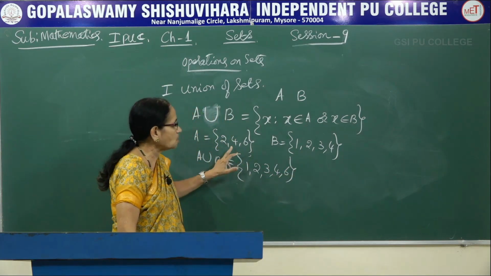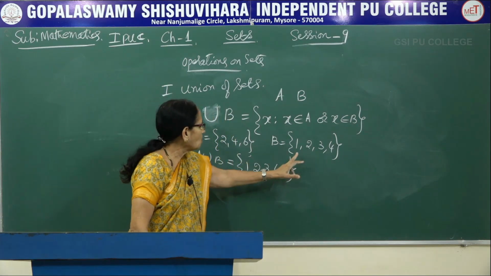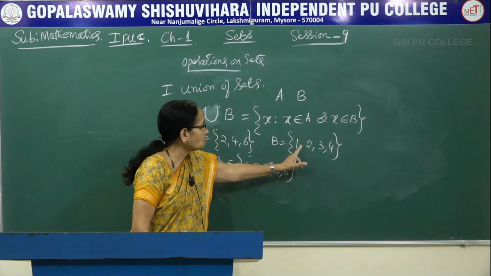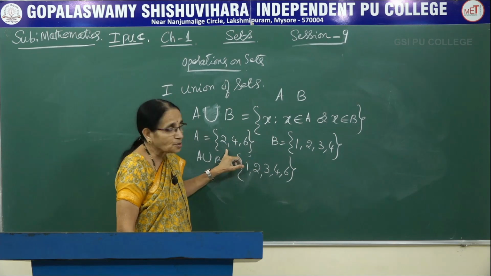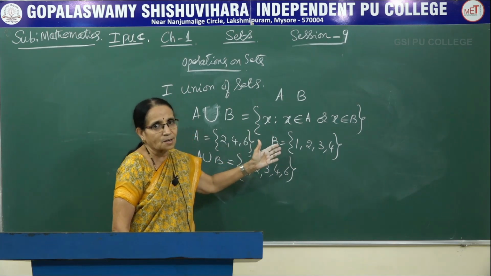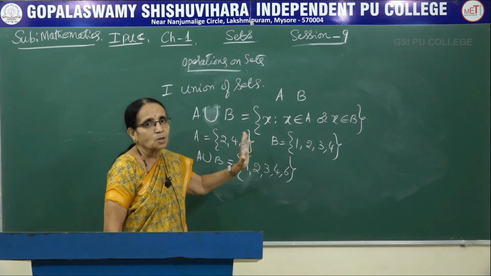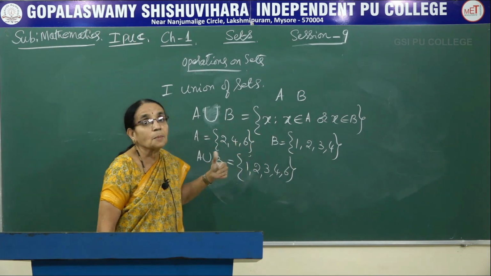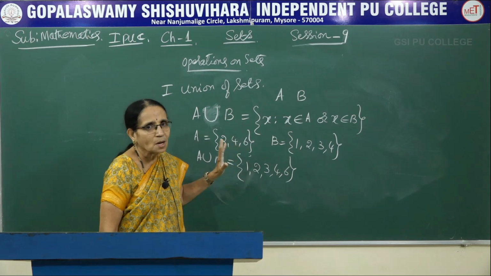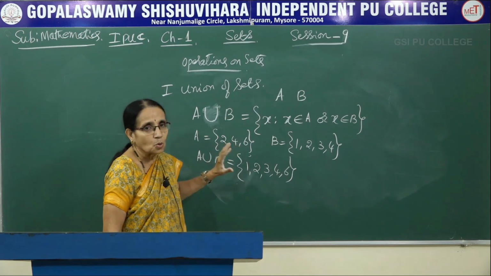See, 6 is present only in A, and 1 and 3 are present only in B, whereas 2 and 4 are present in the first set as well as in the second set. If the elements are repeated, you have to write them only once. There is no need to write them 2 times.